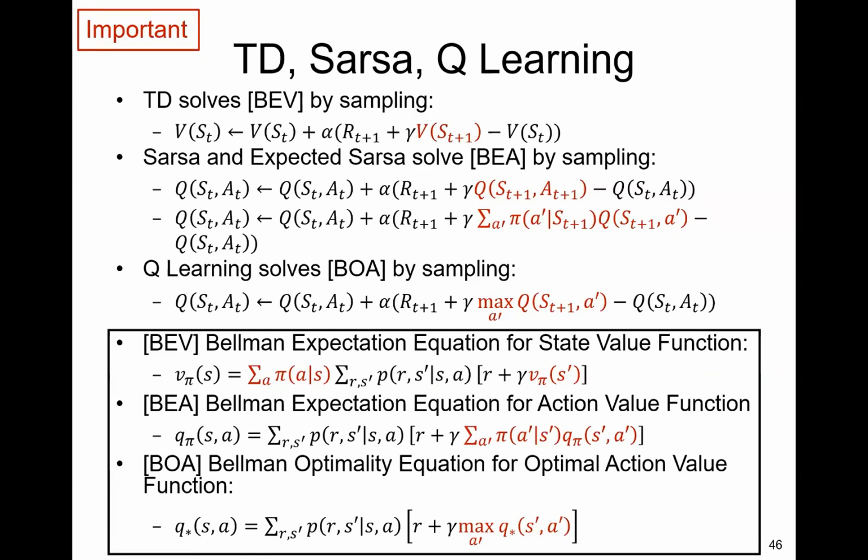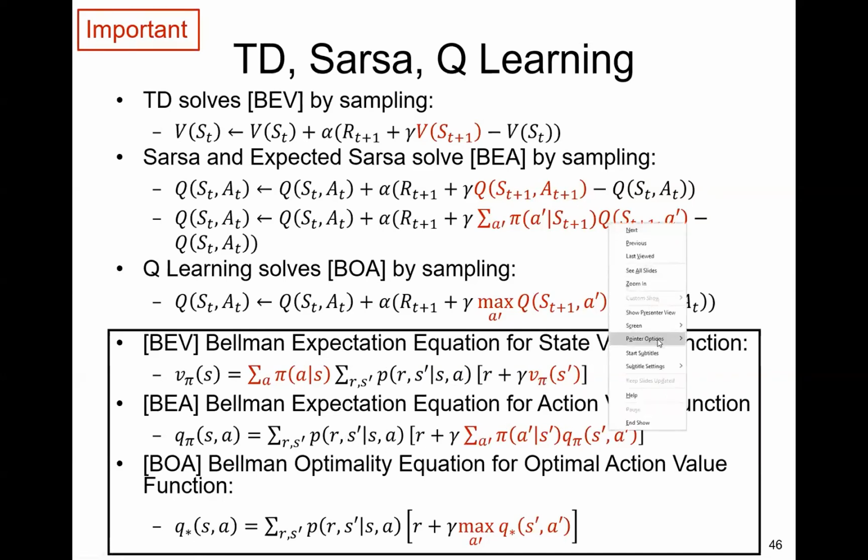For the Bellman expectation equation for the action value function Q, Sarsa solves it by sampling. And you also have expected Sarsa, which solves this middle equation by sampling.